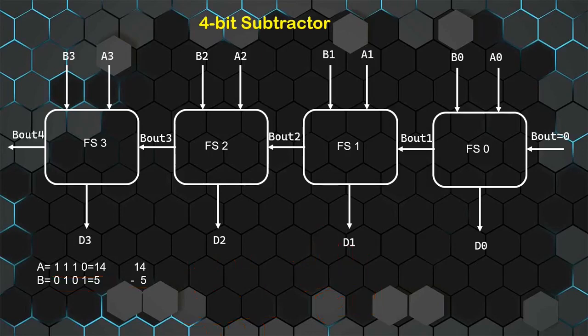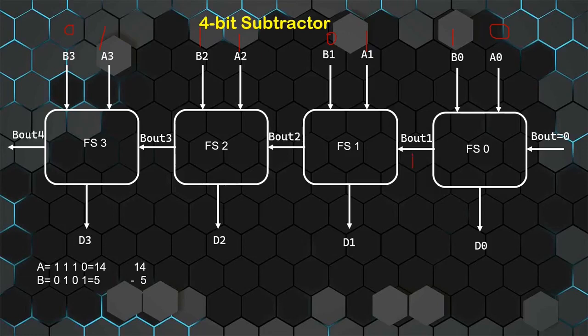Okay, let us solve it using this circuit. The value of A is 1 1 1 0 and the value of B is 0 1 0 1. The difference of 0 and 1 is, we can't subtract 0 and 1 in half subtractor and full subtractor. We have been told that we have to take borrow.